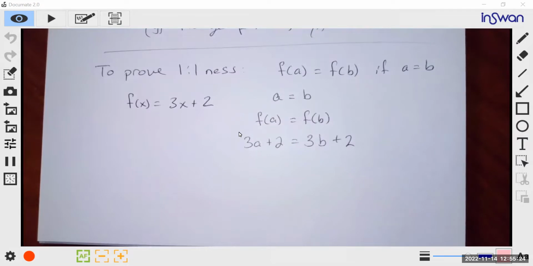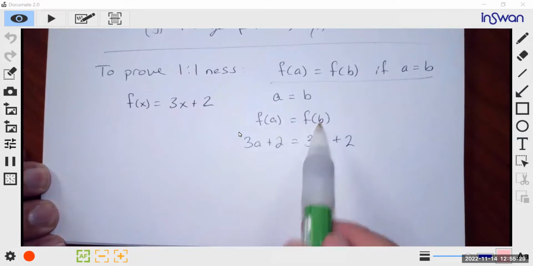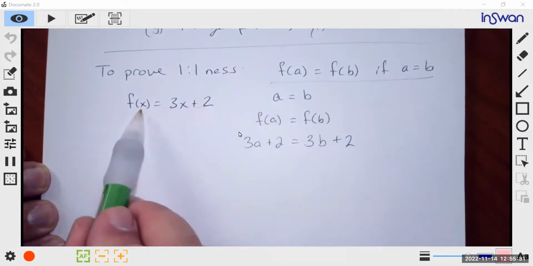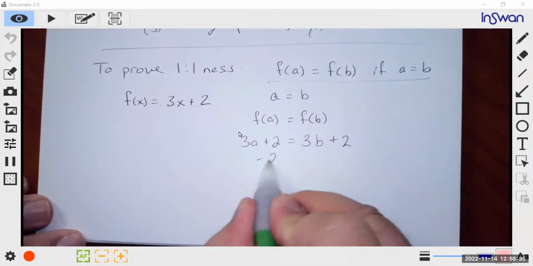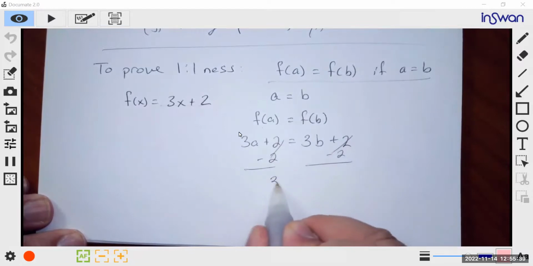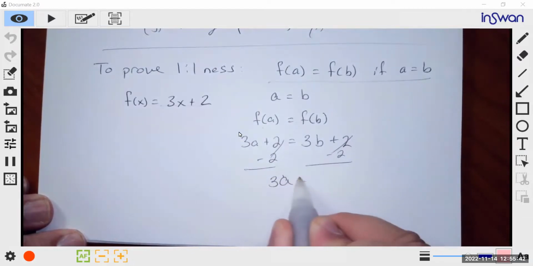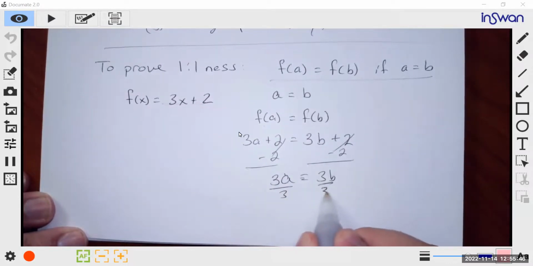So far, so good? Because according to the rule, it says if A equals B, then f of A equals f of B. Here's our function. Let's put A in front of here and then put B on that side. If we subtract 2 from both sides, what happens? 3A equals 3B. If we divide both sides by 3, what do we get?